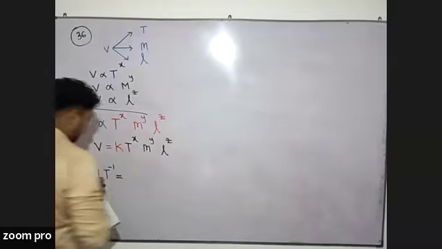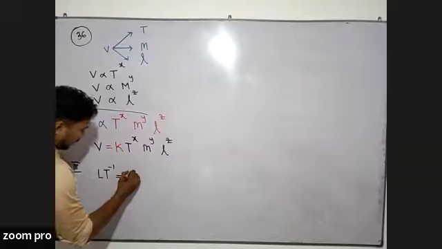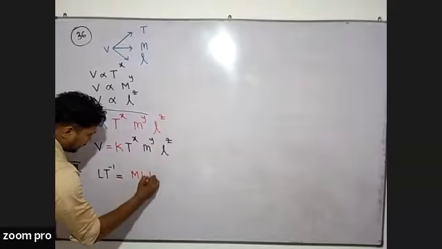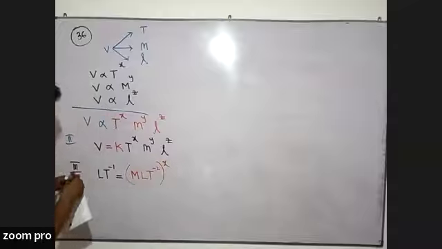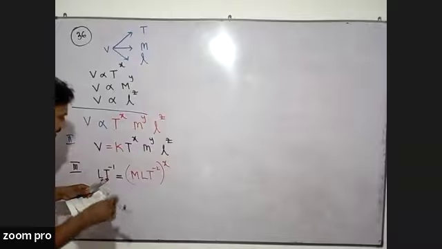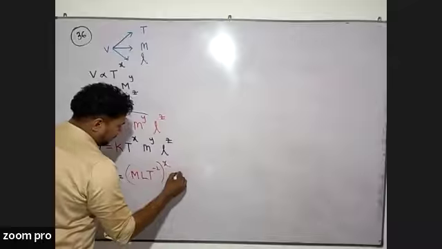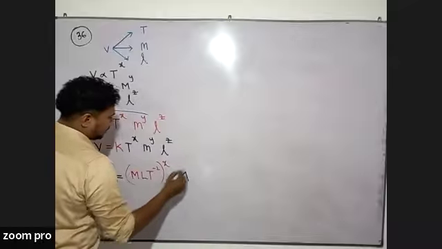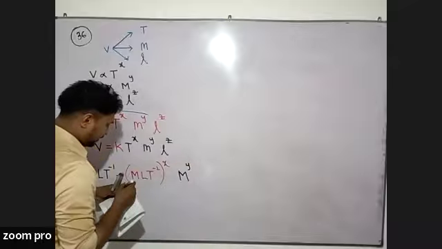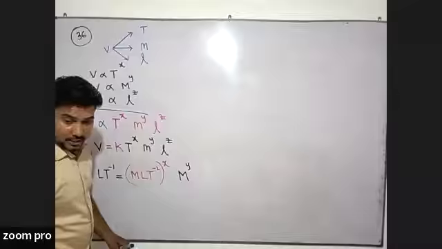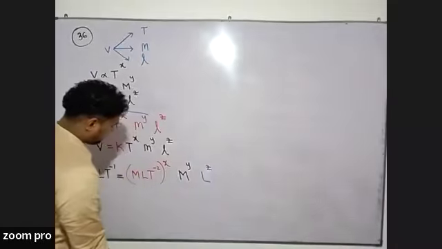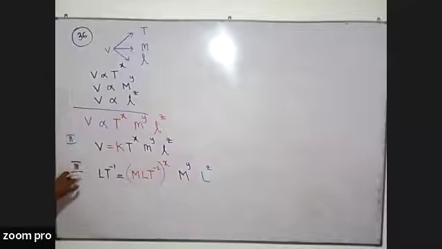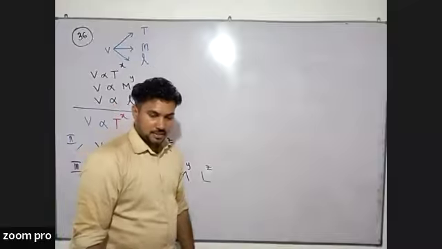So the dimensions of tension should be M L T minus 2 to the power of x. Now M represents the mass, so the dimension is also capital M to the power of y. L represents the length, so the dimension is capital L to the power of z.